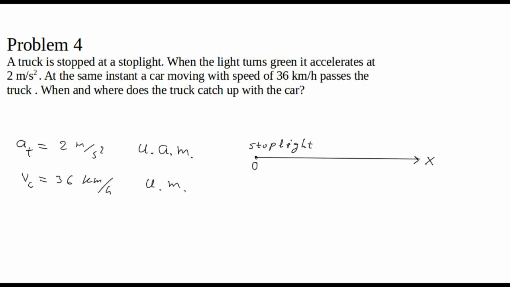At the origin of this axis, the position of the car and truck, that is x_0, is equal to 0. And you can assume that time at this point is 0.